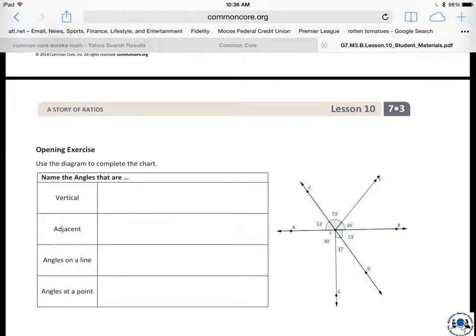With that knowledge, and you can go back to that page to use your notes, go ahead and name all of the angles in this diagram to your right: vertical angles, adjacent angles, angles on a line, and angles at a point.